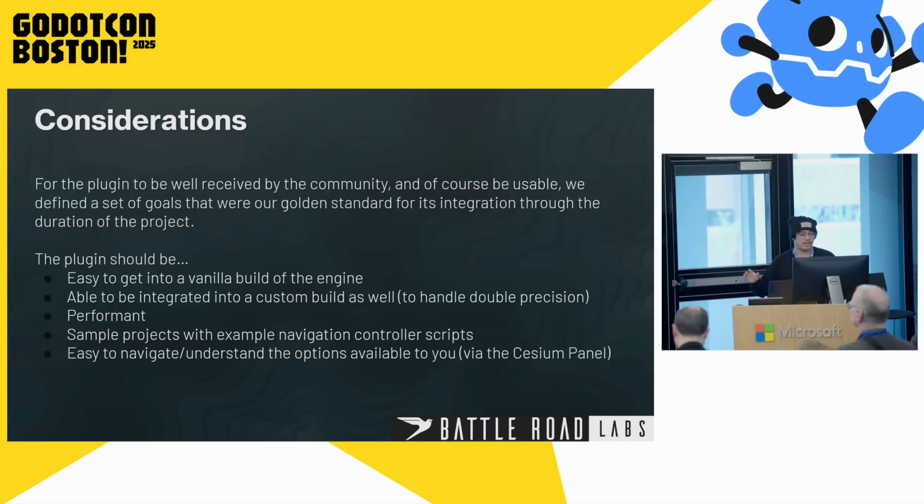And then it needs to be integrated into a custom build to handle double precision. We just talked about that. It needs to be performant. So there's this comment on one of the Cesium forums that I read that was like, hey, can I render this offline?